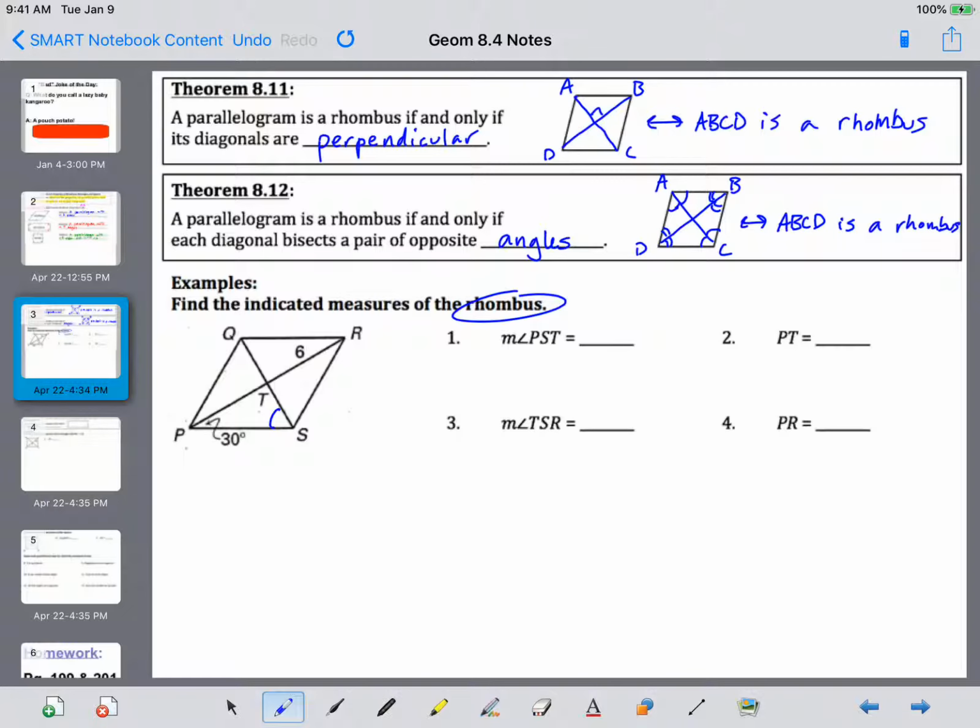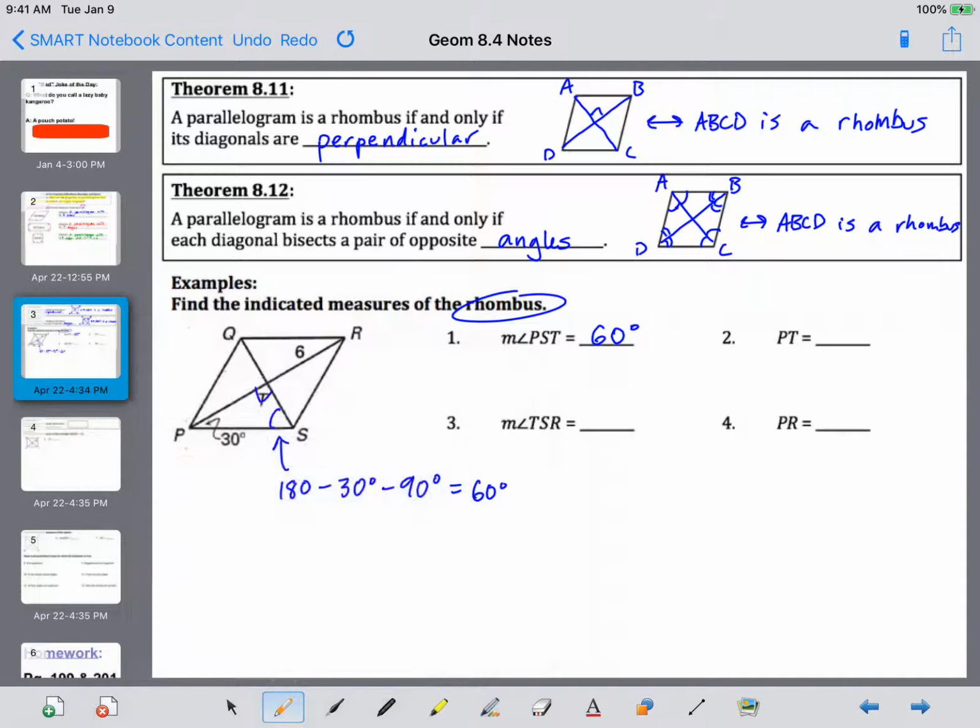We know those diagonals are perpendicular, so angle T is a right angle. If we focus on this triangle, the angles have to add up to 180. So take 180 minus the 30 degrees at angle P and the 90 degrees at angle T, and we're left with 60 degrees. So angle PST is 60 degrees.